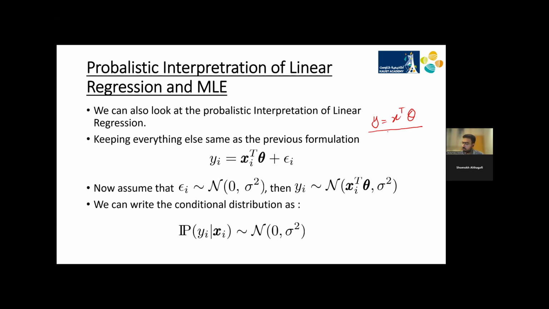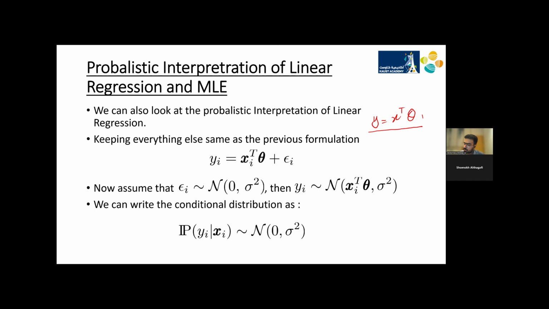Now, the problem is that usually when you have data in the real world, the data is in continuous format. There is usually some noise in the data, and you won't see the output to be exactly this.